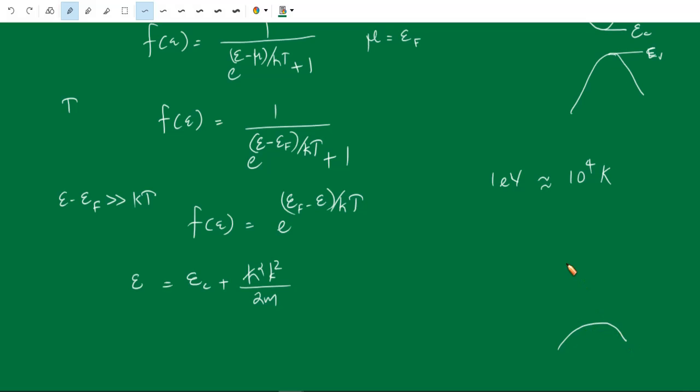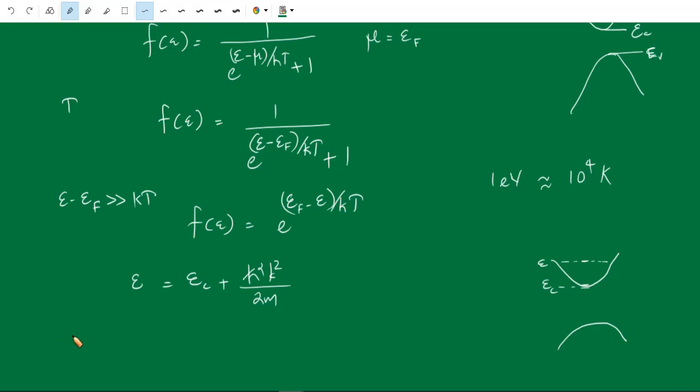This is the valence band edge and this is the conduction band edge, and an electron at some energy level E. So the total energy E is equal to EC plus kinetic energy.